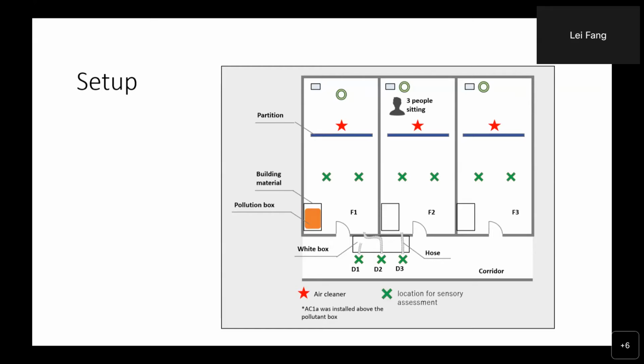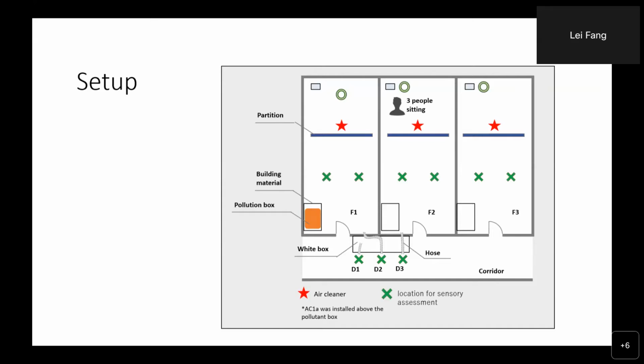And in all three rooms, we have the same cabinet, so people do not know which room has the material or which is not. So when sensory subject enter this room, they will stand in this locations with the green cross, and evaluate air quality using the questionnaire scales showed by Pawłowski.